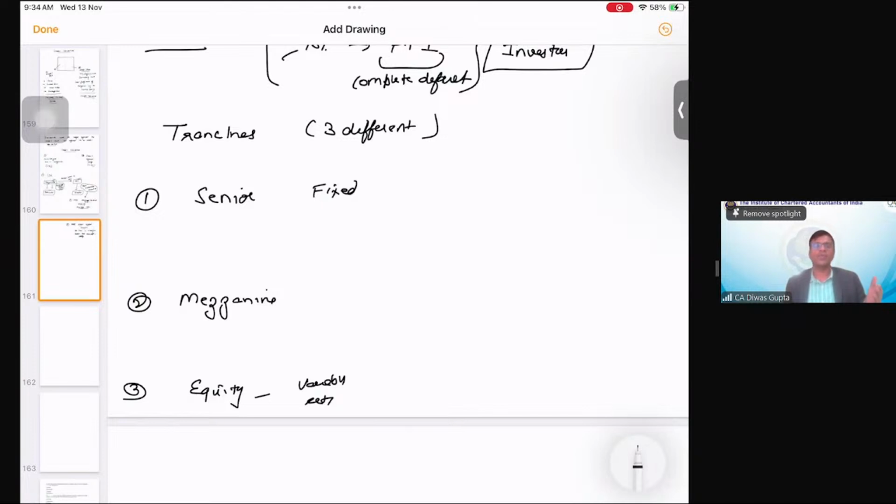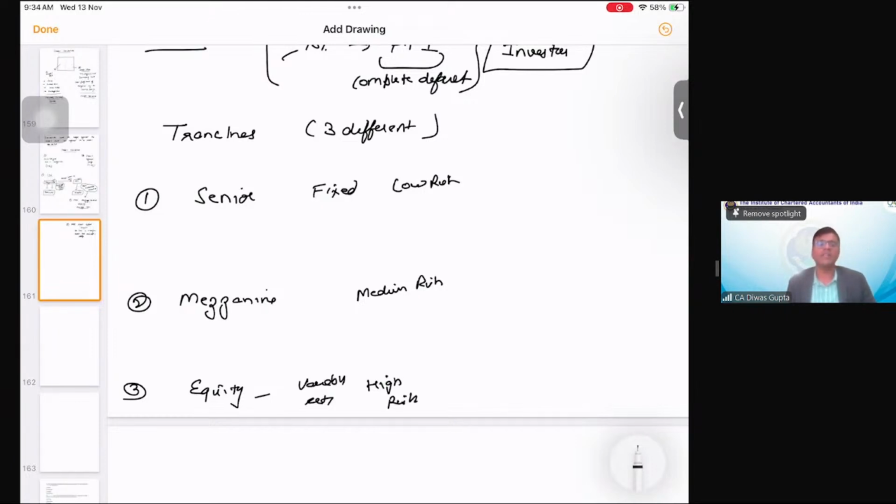Whatever rights are attached to debenture, preference, and equity in a company, the same rights are attached here. The senior will get a fixed percentage. Debenture holders will keep getting the coupon rate, which is 8%, 9% fixed. They don't have a risk. So there is a low risk here. There is a medium risk here. There is a high risk here.